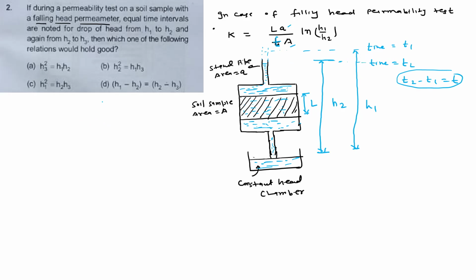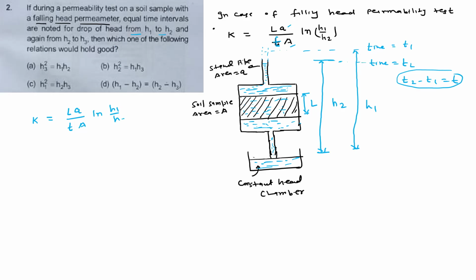So K is equal to L small a divided by t into capital A, ln H1 by H2, from head H1 to H2.